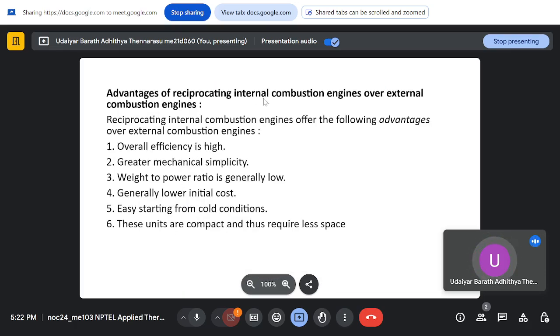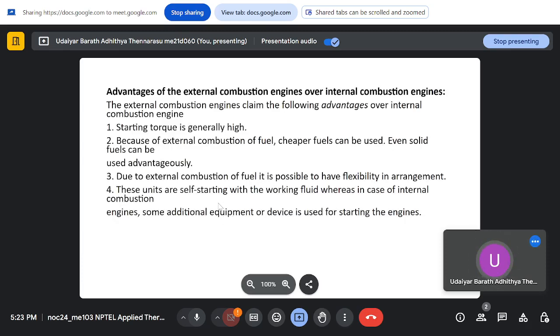So the advantages of a reciprocating internal combustion engine over an external combustion engine are that efficiency is high. You have greater mechanical simplicity. The weight to power ratio is low. You have an initial cost which is less. It's easy to start in cold condition, and it is very compact. And it requires very small space.